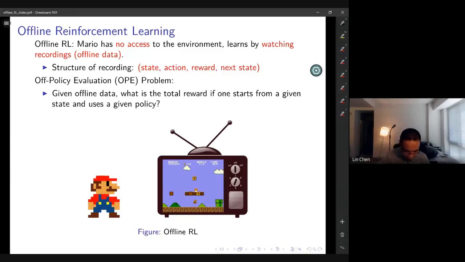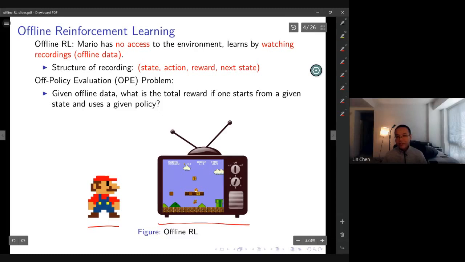Here Mario is no longer in the environment, but he has a TV, and on the TV he can watch a lot of recordings. In the recording he can observe the state of the agent, what action this agent takes, the corresponding reward, and the next state of the agent.